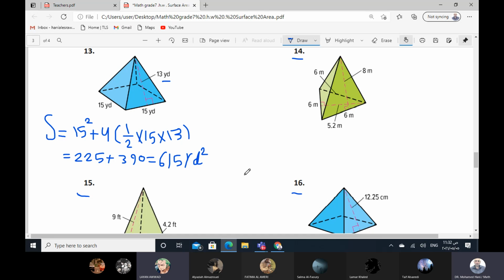If we times by 4, it will get 90. 13 times 15 will be 195, divided by 2 will be 97.5. Now 97.5 times 4, the answer will be 390. Okay, who has any question?